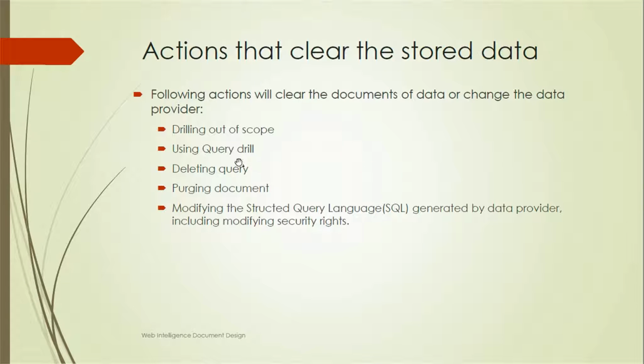Deleting a query, if someone deletes it in the report designer, will clear the data. Purging the document also clears the data. And modifying the SQL, the structured query language generated by the data provider, including modifying security types, will clear the data as well.